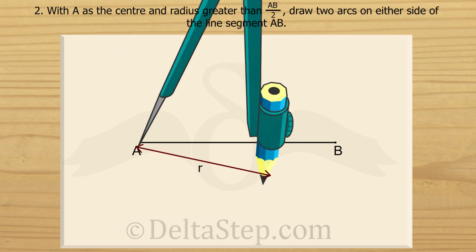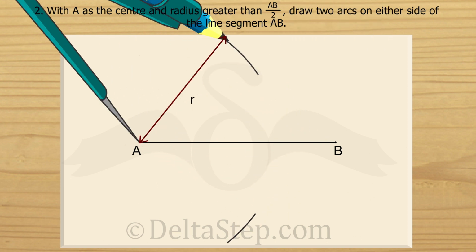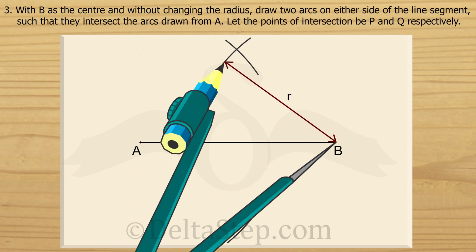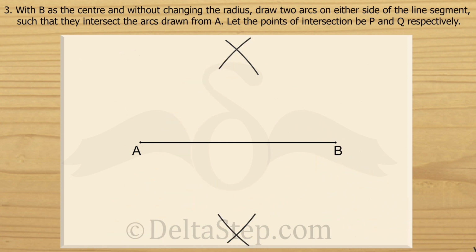We draw an arc on both the sides of the line segment AB, that is above and below the line segment AB. Then, taking B as the center and the same radius as before of more than half AB, we draw two arcs on both sides of the line segment AB.